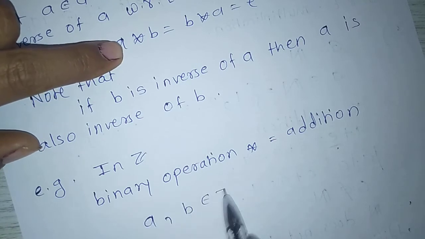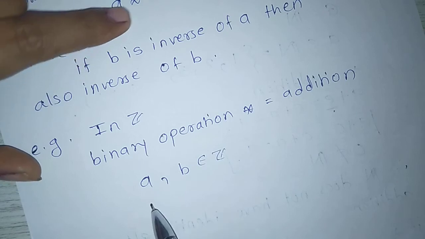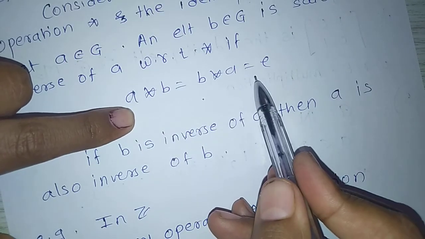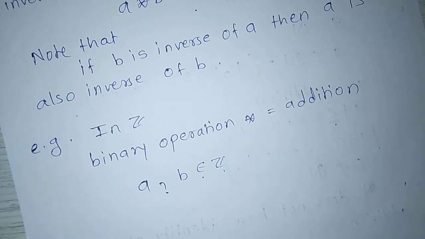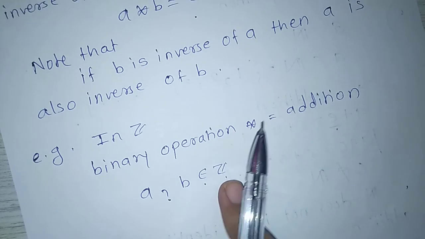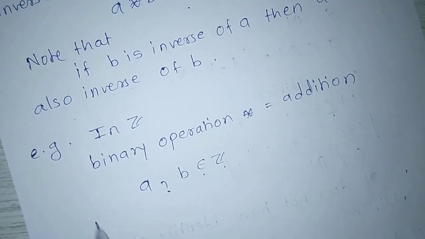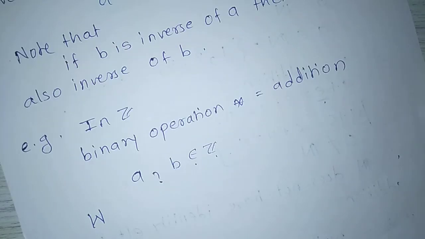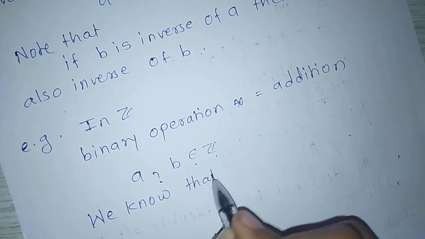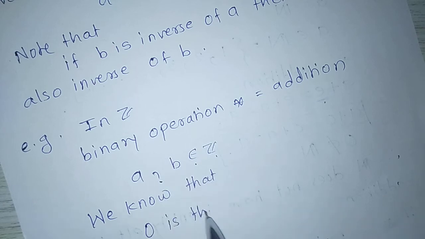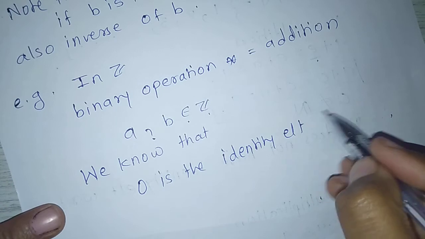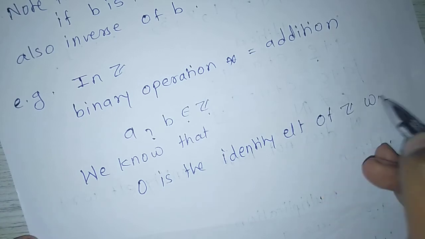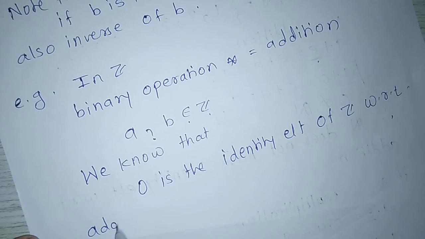a, b belongs to Z, and a star b equal to b star a equal to E, the identity of G. We know that 0 is the identity element of Z with respect to addition.